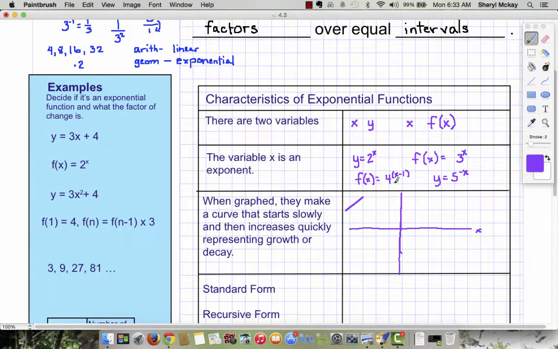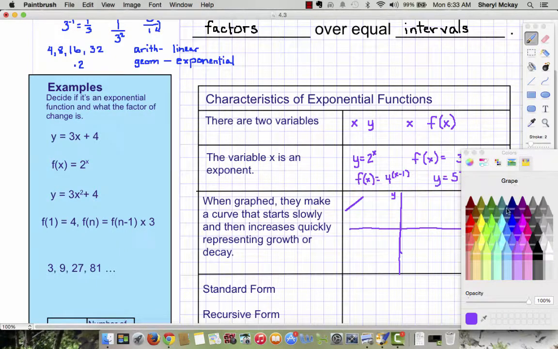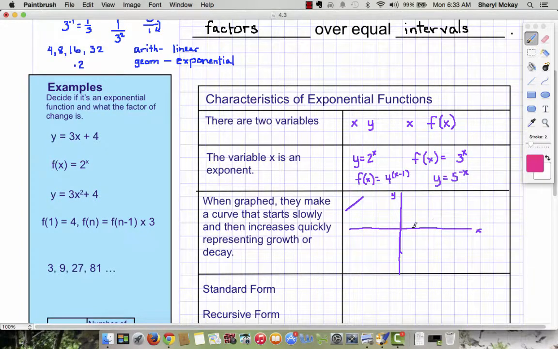Here's my x and my y. And an exponential function starts off growing very slowly. Okay, it'll start off, and it can start really anywhere, but often it starts in front of the 0, okay? But it could be down, it could be over in the negatives, it could be below, it could be in lots of places.